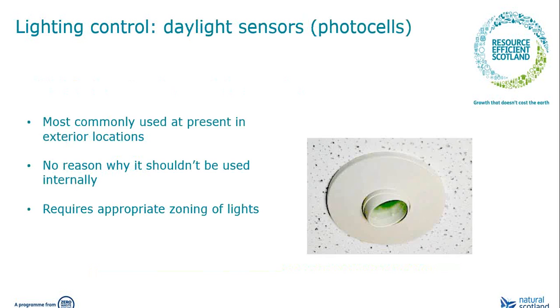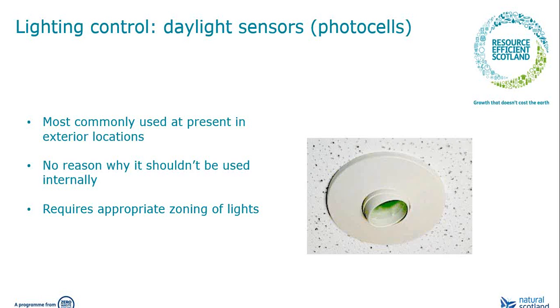Daylight sensors or photocells are quite often used in exterior locations to control exterior lighting or street lighting, but they could be used a lot more internally, so do have a look at whether they'll be appropriate for your sites. They often require appropriate zoning of lights.